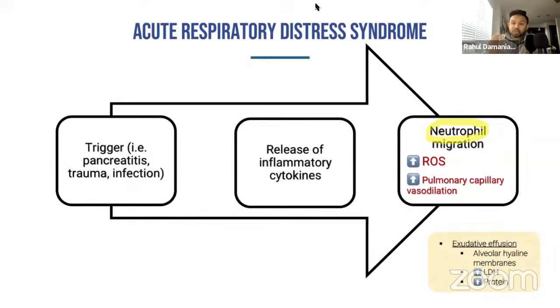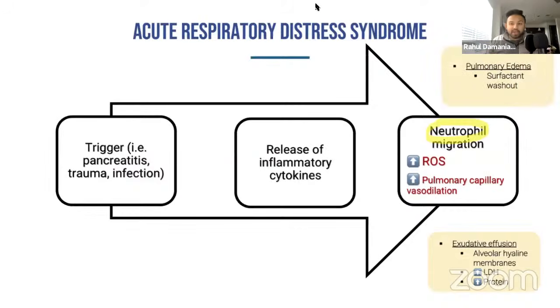And so remember, just going back to Gen Path, ARDS gives you an exudative effusion. This alveolar hyaline membrane is going to have this exudative effusion, and that is characterized by high LDH, which is related to increased cell injury, and high protein levels as well. And that's different than transudative.